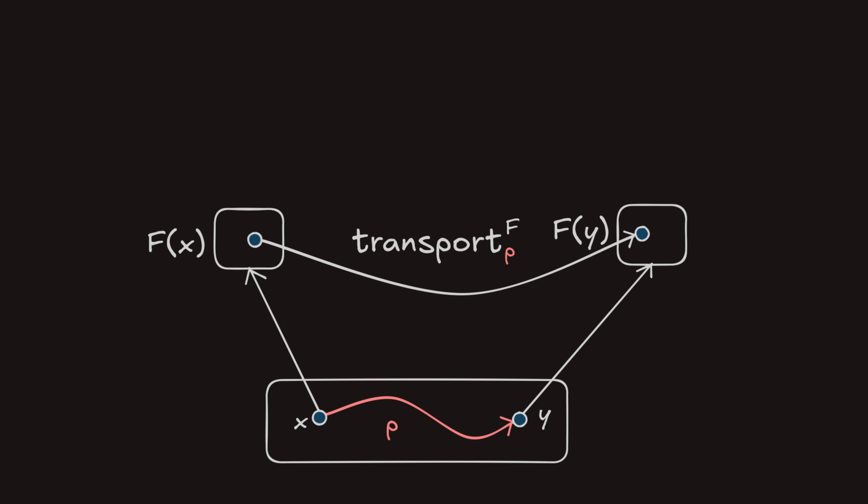Now suppose the type in question were the type universe U, inhabited by the types A and B. In that case, F is a function from U to itself.